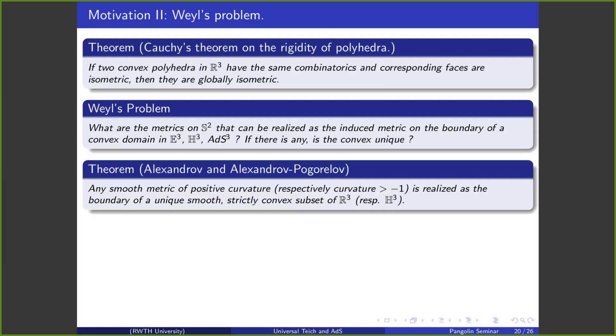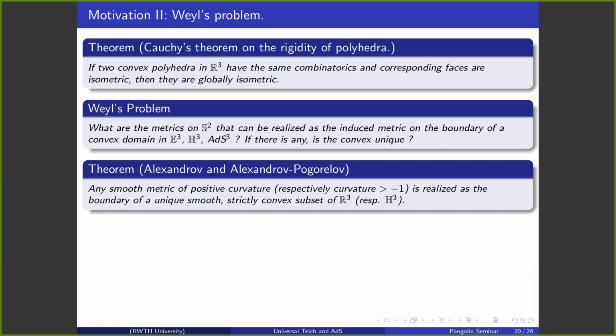Now, at least in the Euclidean and hyperbolic case, Weil's problem is more or less completely understood by this result of Alexandrov for Euclidean space and Alexandrov-Pogorelov for hyperbolic space, stating that every smooth metric with a natural condition on the curvature, positive curvature in R3 and curvature greater than -1 in H3, which is absolutely necessary, is realized as the boundary of a convex domain in R3 or H3, and this convex domain is also unique.